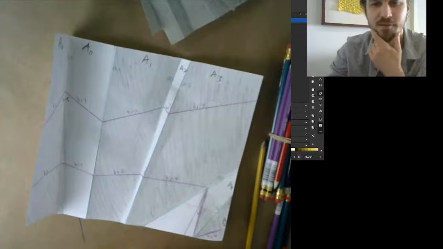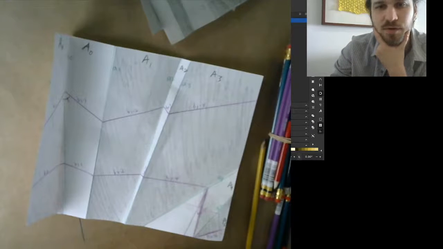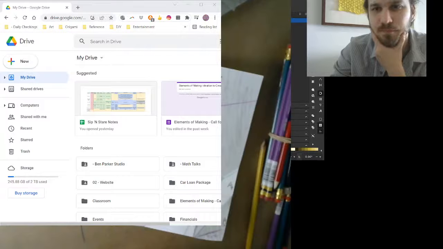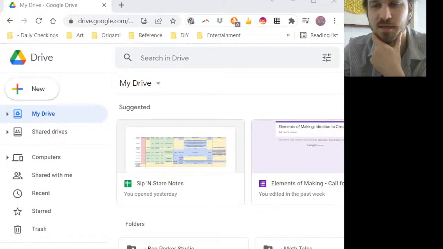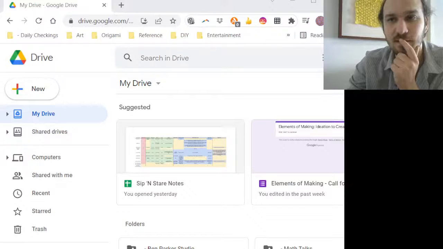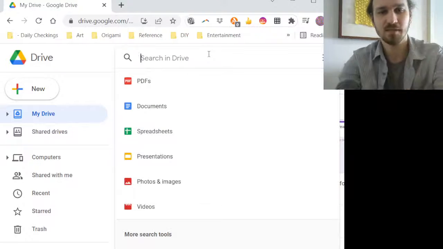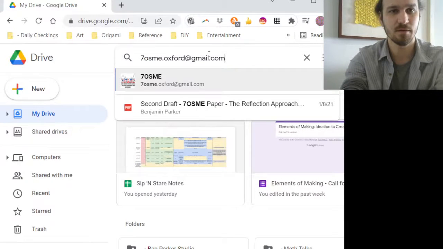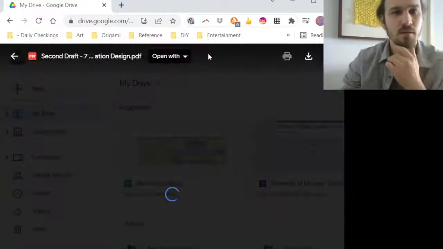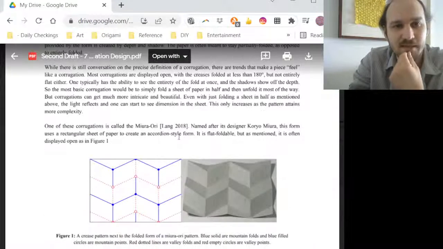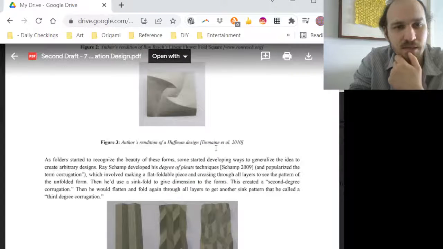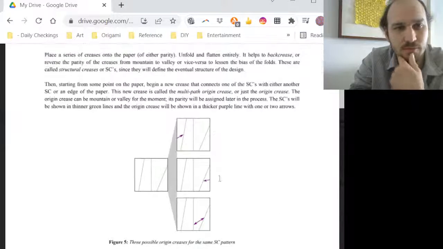I hope I didn't delete this. Window capture. Here we go. This was a paper I wrote for 7OSME way back when, and I'm thinking that when 8OSME comes, I'll have a better one. There we go. The reflection approach to corrugation design. This might go into a little better idea.